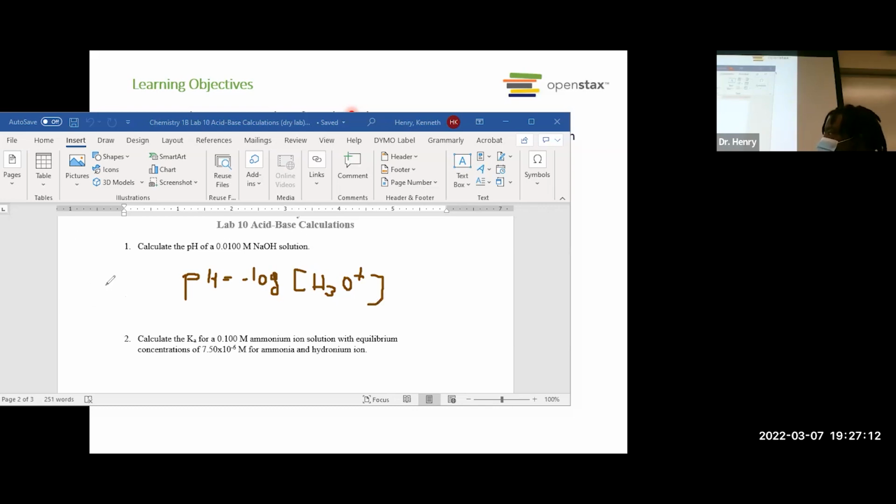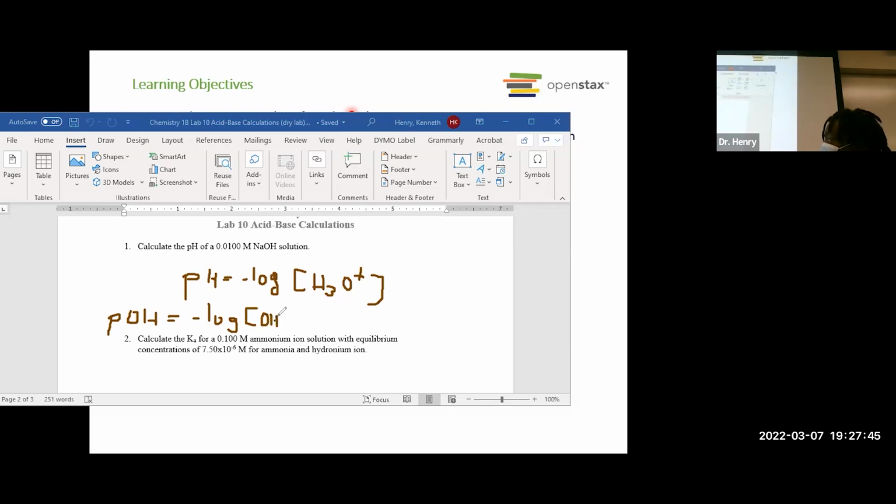Yes, we have to calculate our pOH, right? So our pOH is going to equal minus log of the concentration of OH minus.